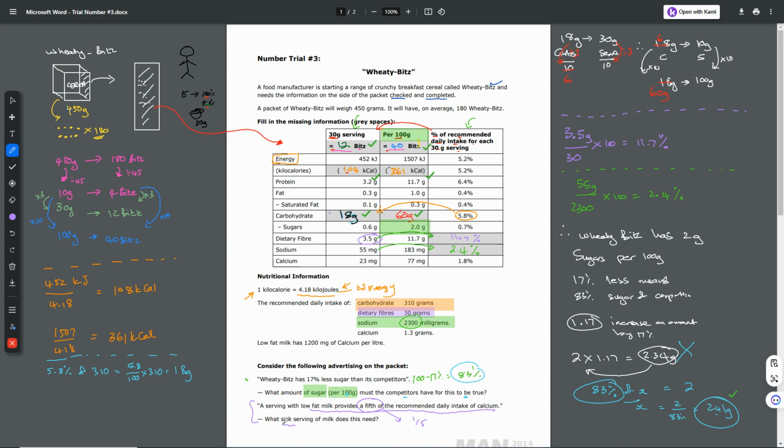What size serving of milk does this need? All right, where do we get this information from and how would we solve this? So if I look at the question paper, I can see over here it says low-fat milk has 1,200 grams, and that's the information that we need.